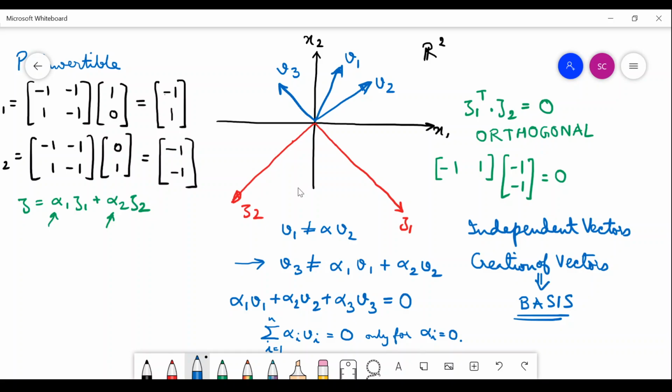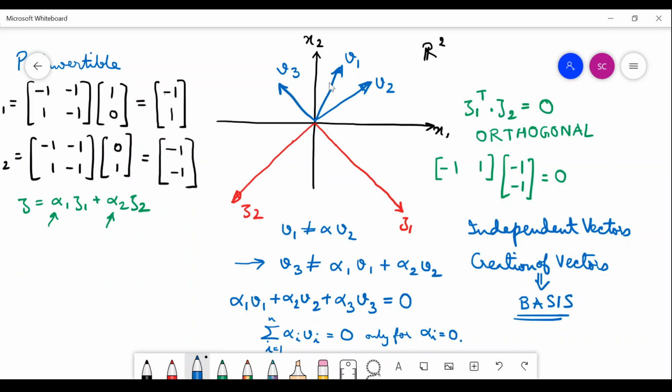We will be confined to that single dimension and will not be able to cover the entire two-dimensional state space. So to cover the two-dimensional state space, you would need two independent vectors in that space, and they can form the basis.